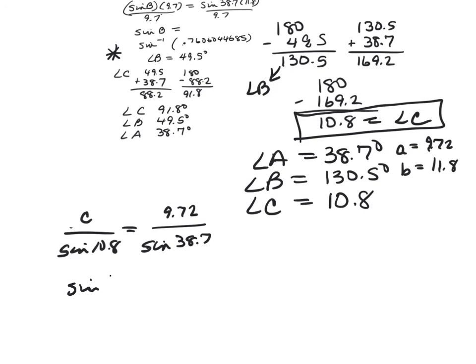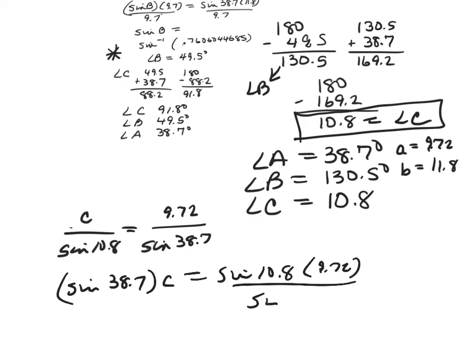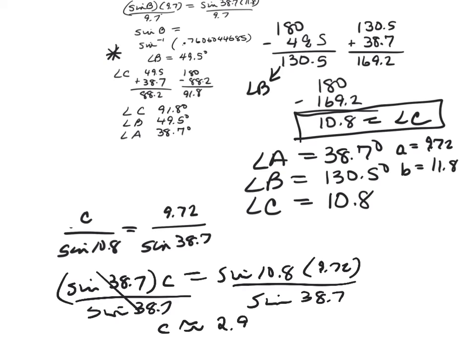So sine of 38.7 times little c, sine of 10.8 times 9.72, divide by sine of 38.7, and little c is approximately equal to 2.9. So up here, little c for this second triangle is 2.9.